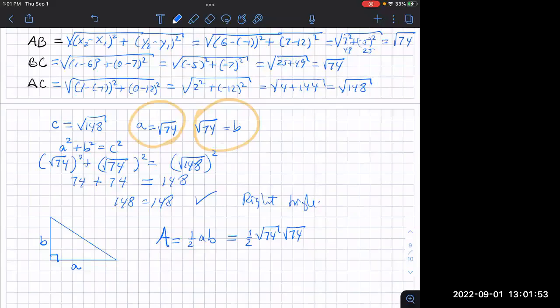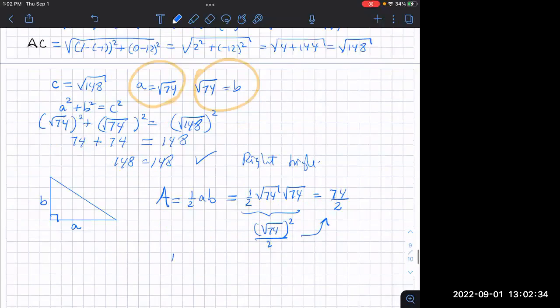What is that equal to? 74 over 2. Because the square root of 74 times the square root of 74 is the same thing as square root of 74 squared over 2. And the square and the square root are opposite operations, so you're left with 74 over 2.